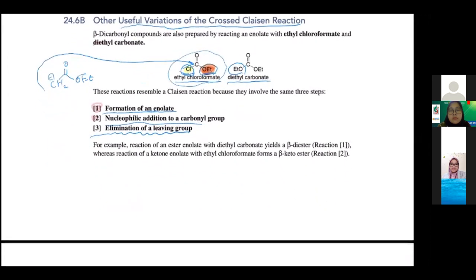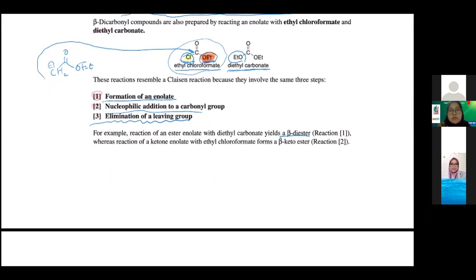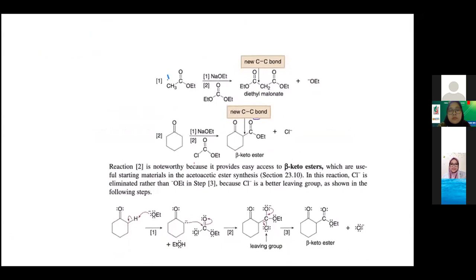And here the next is this one, the beta keto ester. Yes, this is also a good leaving group. So this is the reaction mechanism. This is the starting material, and the alpha proton is activated.